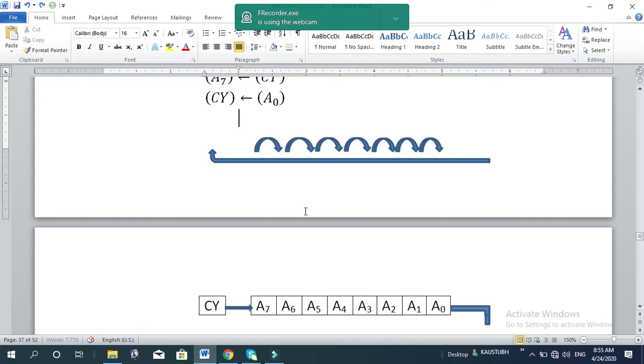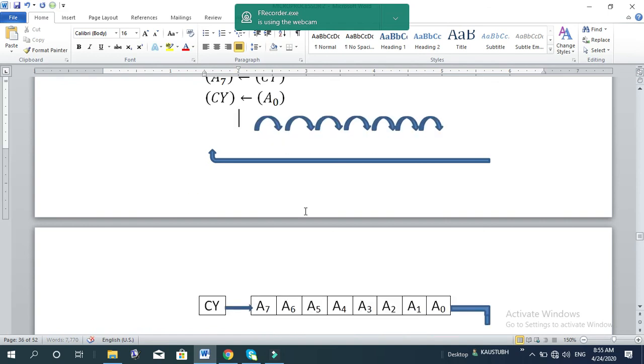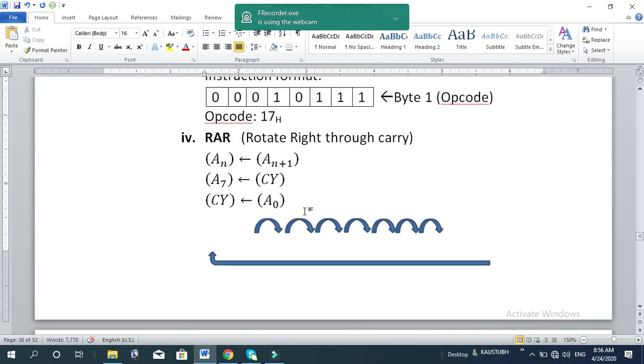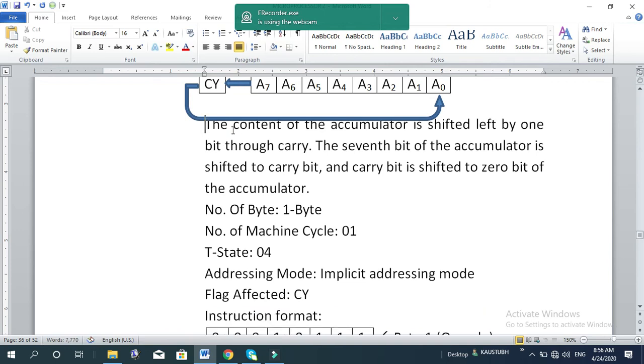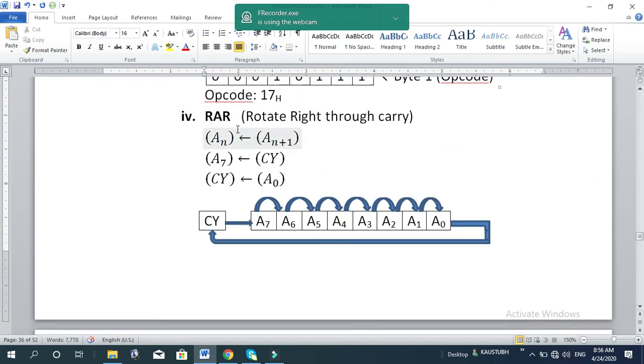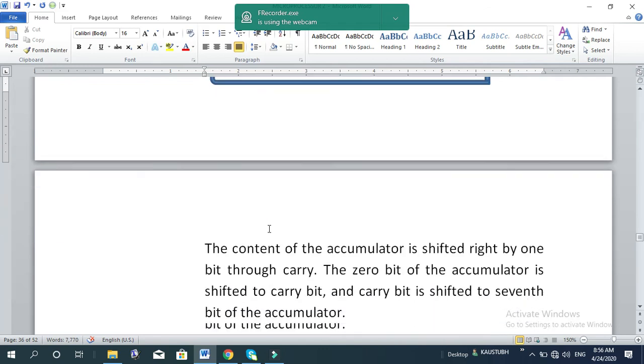Suppose you store the data into register B or any register, then a copy of the same data is placed into the accumulator, then rotate it towards the right, then do the XORing after rotating the data along with the content of, say, B. If you store the data into B, then it will give you the gray code, binary to gray code. Okay.